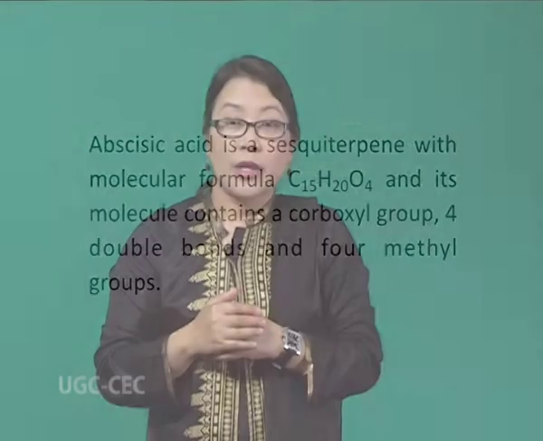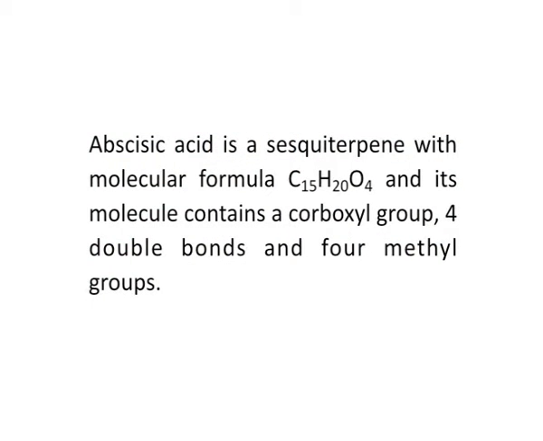Abscisic acid is synthesized from carotenoids in plants, mostly angiosperms and gymnosperms, but not in liverworts, and synthetic abscisic acids have not been reported. Abscisic acid is a sesquiterpene with molecular formula C15H20O4 and its molecule contains a carboxyl group, 4 double bonds and 4 methyl groups.